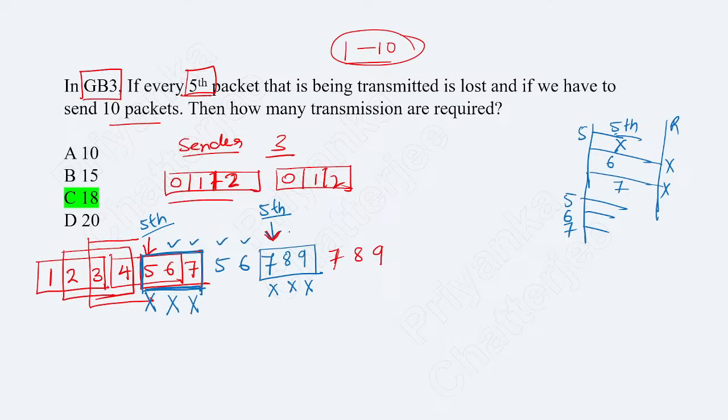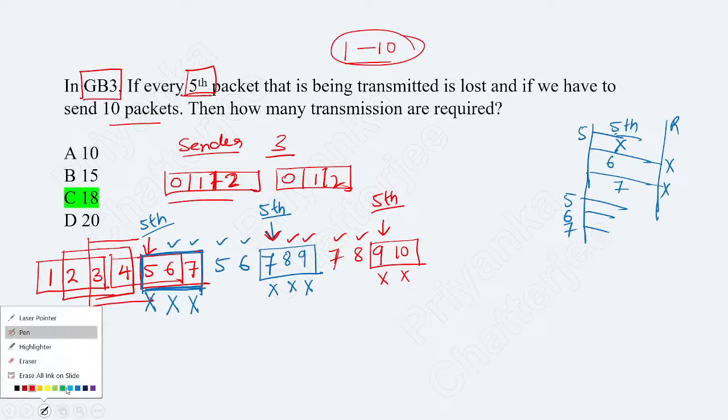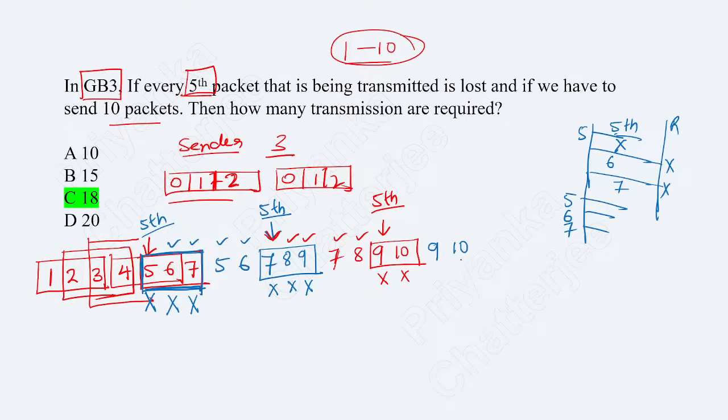This is the fifth one, means first, second, third, fourth, fifth. This is again the fifth one, and you have to resend again. In that frame there were 9 and 10, because after 10 nothing else is there. So both are discarded, means you have to resend 9 and 10 again.